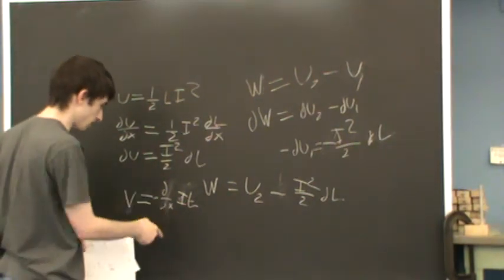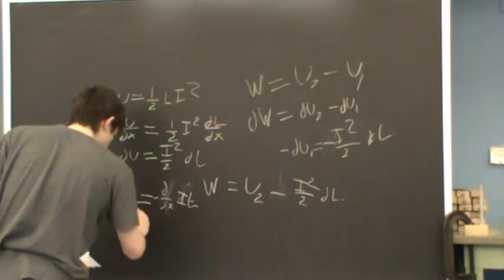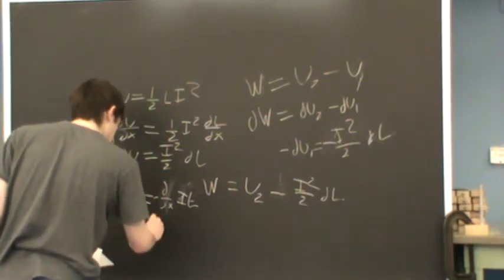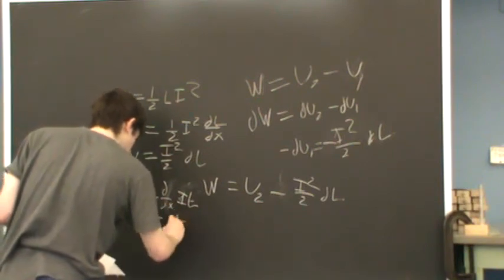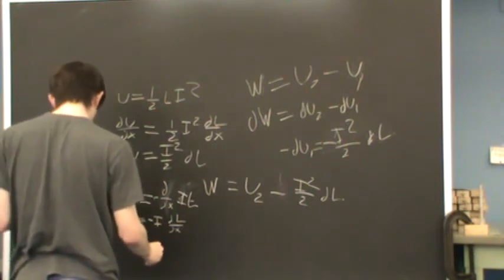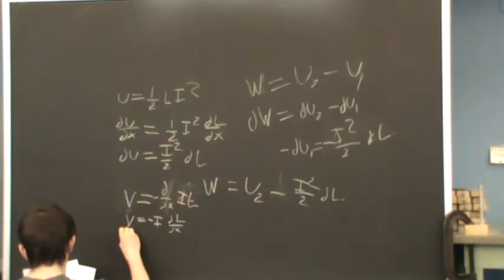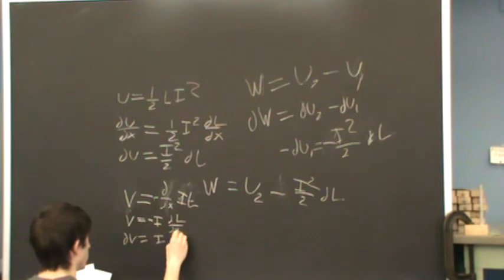Usually they move the I to the dx, but that means the voltage is equal to negative I dl dx, or dv equals I dl.